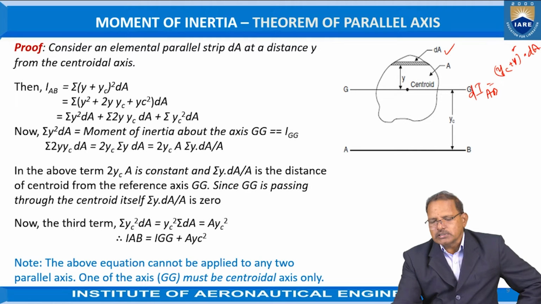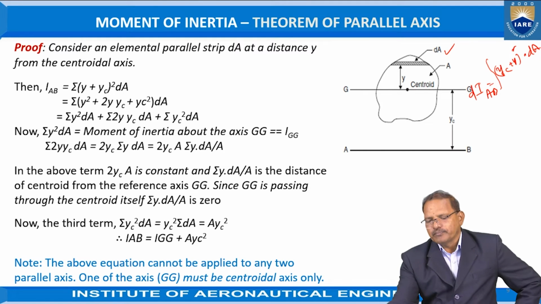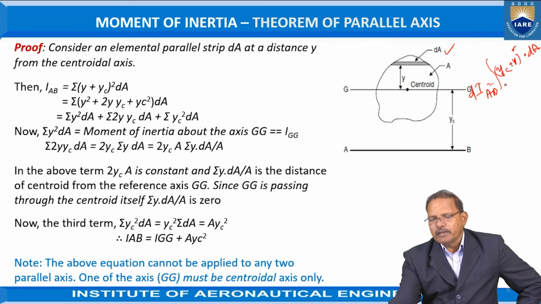Then the moment of inertia of the entire area about the line AB is obtained by integrating over all the elements, the moment of inertia possessed by all the elements with respect to AB. So it can be represented as sigma of (YC plus Y) whole square into dA.